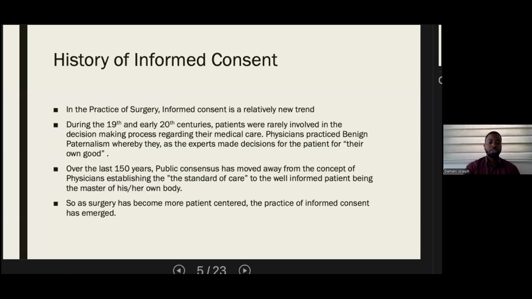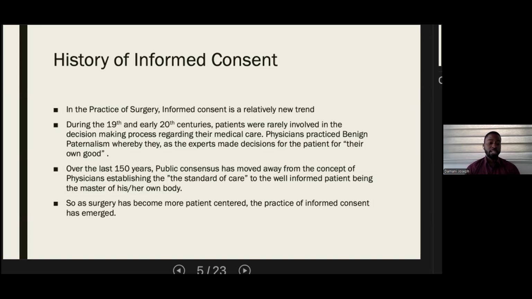Just to go over a brief history of informed consent. In the practice of surgery, informed consent is a relatively new trend. During the 19th and early 20th centuries, patients were rarely involved in the decision-making process regarding their medical care. So physicians practiced more of something called benign paternalism, where they were viewed as the experts who made the decisions on behalf of the patients for their own good.